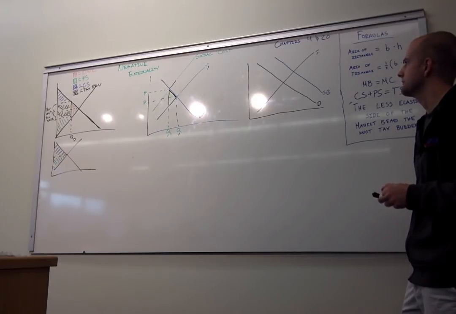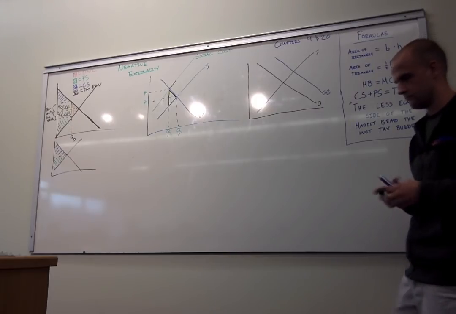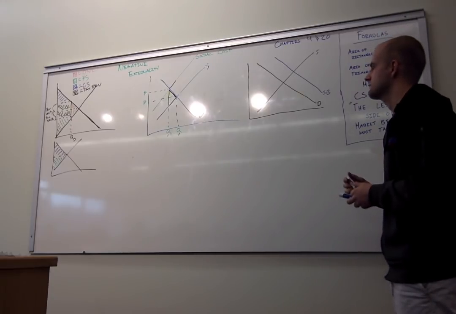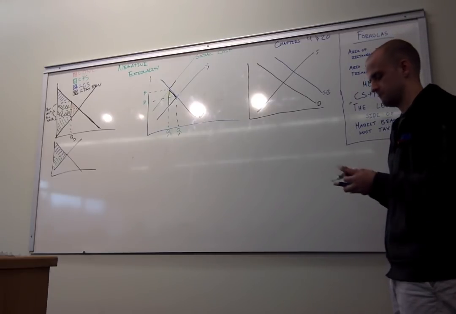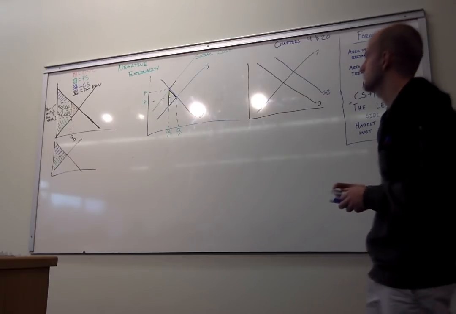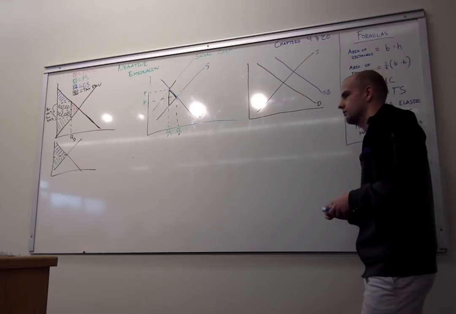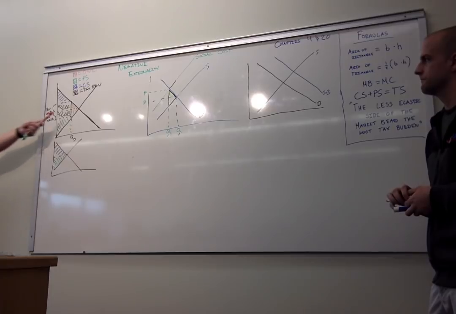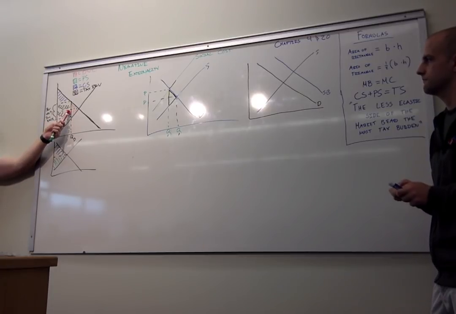So it's pretty much whenever a market is inefficient or whenever the market is not producing the quantity that is optimal for society, there's a deadweight loss. Okay? So taxes can cause that because they're moving us away from this optimal quantity here.